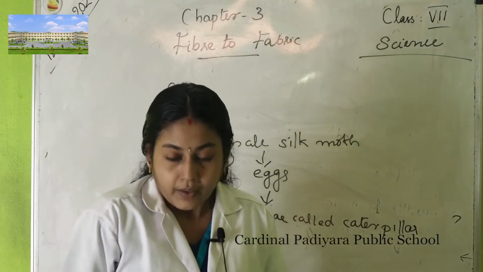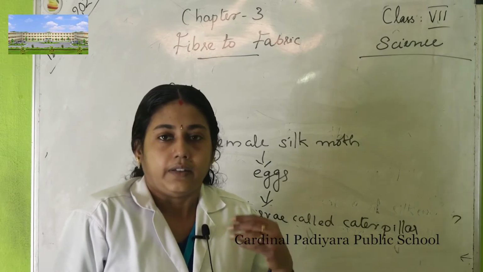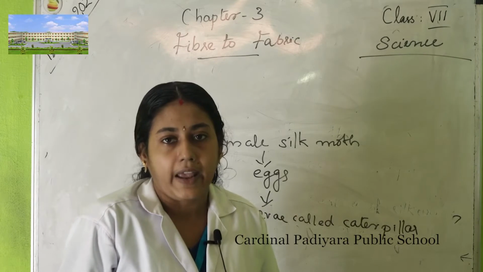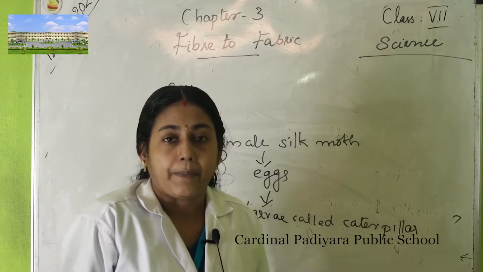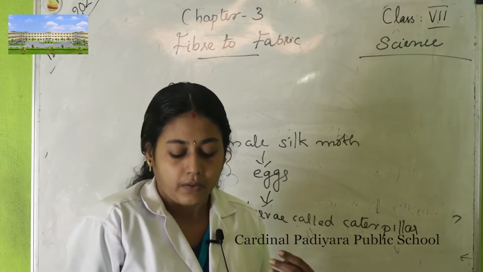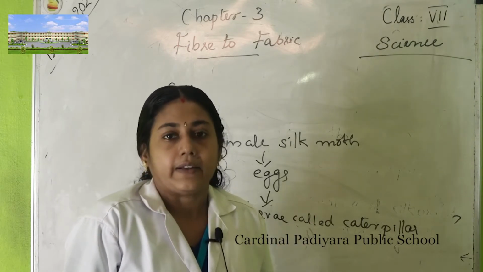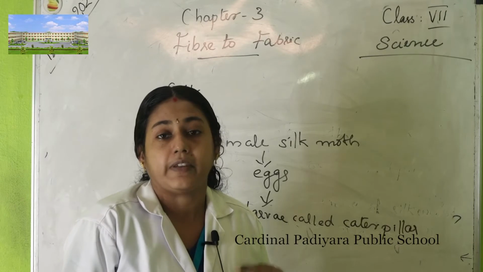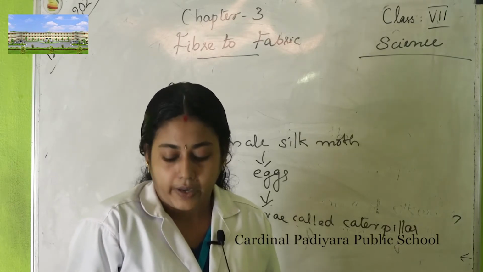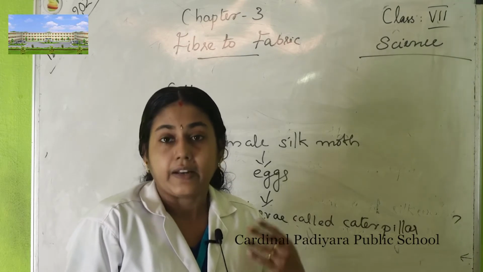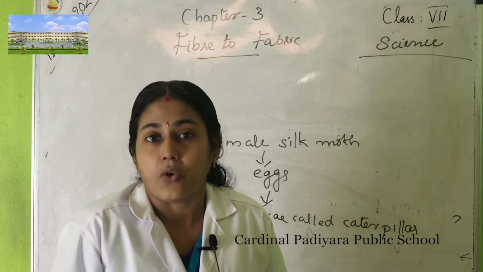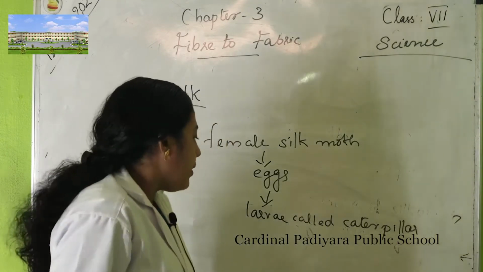Then, when the caterpillar grows to a certain age or size, it starts to weave a net around it. The caterpillar is ready to enter the next stage of its life cycle, called pupa.